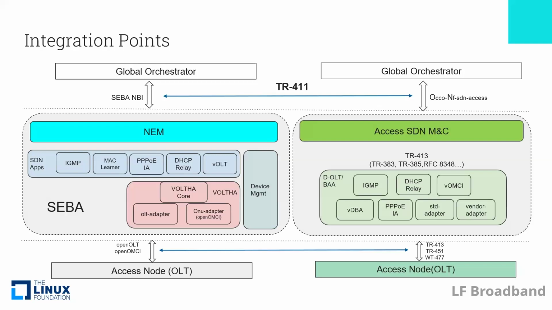And also on the northbound of the access side, both architectures have kinds of vendor adapters. So in VOLTHA architecture, we can have this standard adapter in this level, and we also can have the alignment with the help of the adapters.